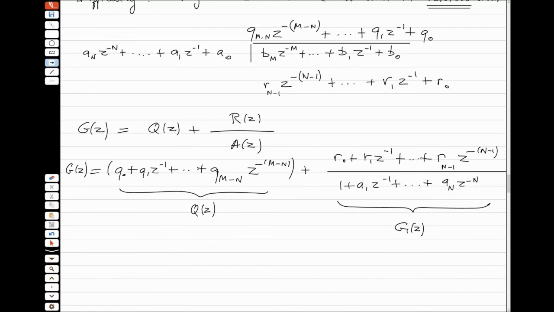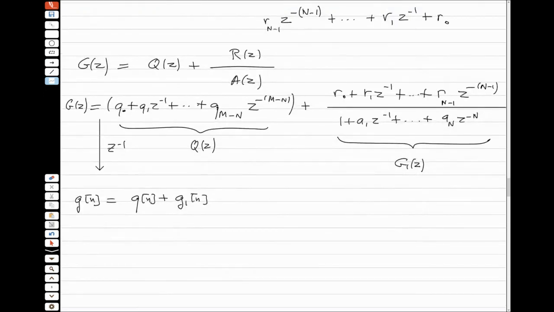If you take the inverse Z transform of this, g(n) equals q(n) plus g1(n). So how do you get q(n) and g1(n)? For g1(n), you see the degree here is less than this one, so you use super case 1.